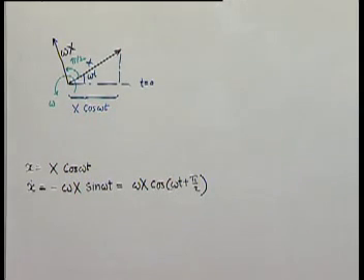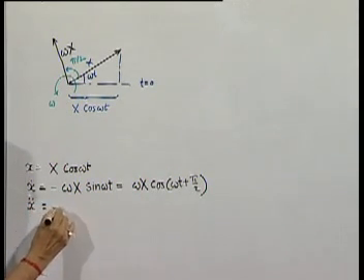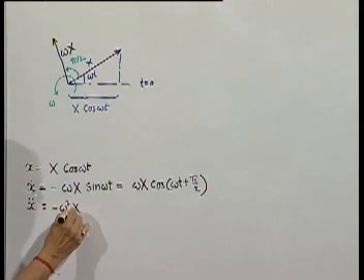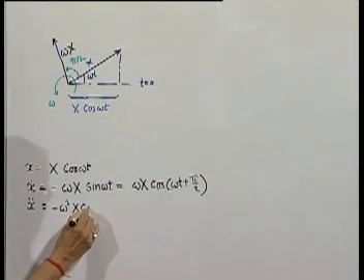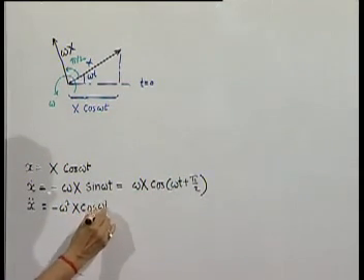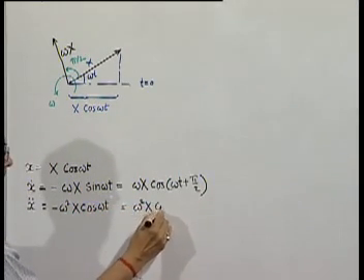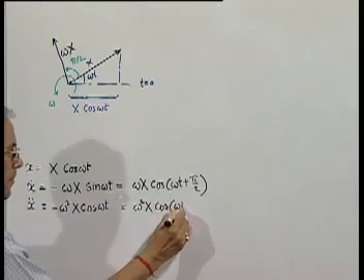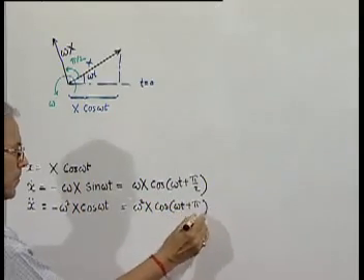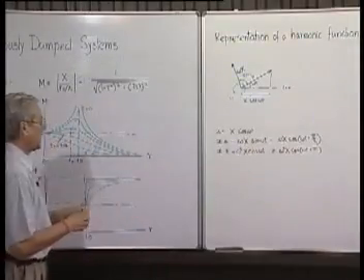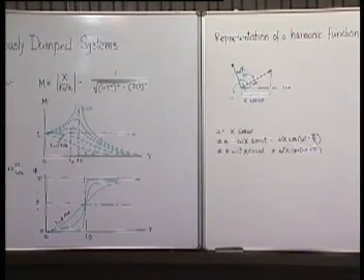If we want to now represent acceleration, then we differentiate it once more. Minus cosine omega t we write as cosine of omega t plus pi.